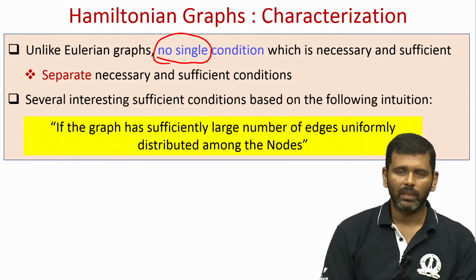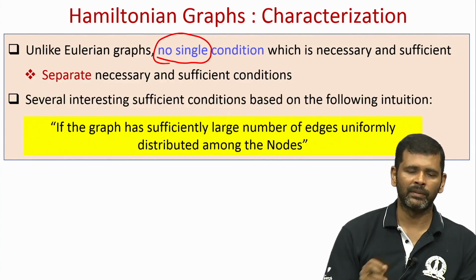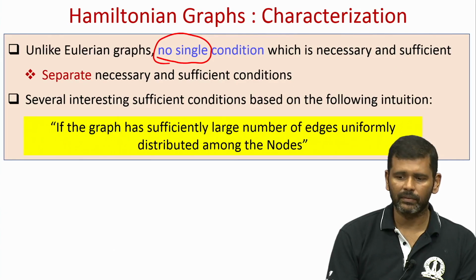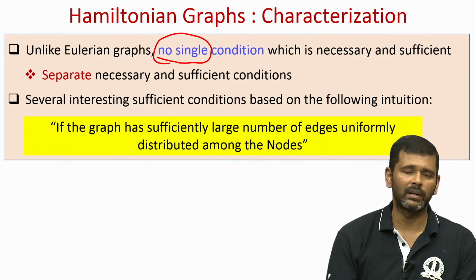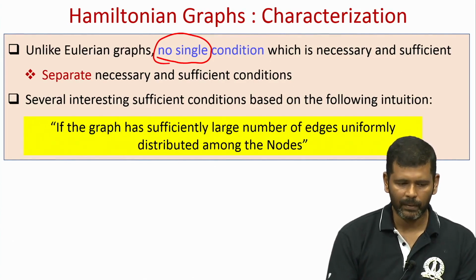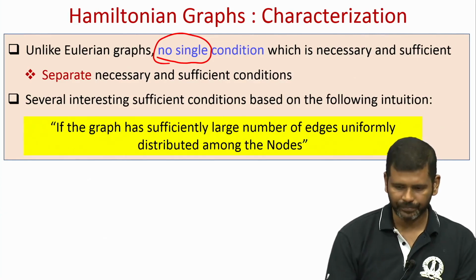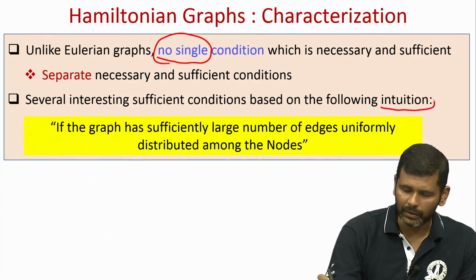So, we will discuss in this lecture two important sufficient conditions for the existence of a Hamiltonian circuit. I stress that those two conditions are not necessary conditions. Both of these sufficient conditions are based on the following intuition.